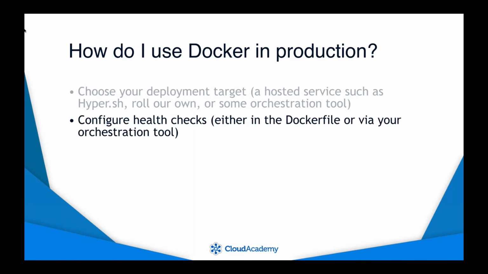Once you've chosen your deployment target, the next thing to do is set up your health checks. A few things have changed in the recent past. Newer versions of Docker have a health check argument in the Dockerfile, which is integrated with the Docker daemon.